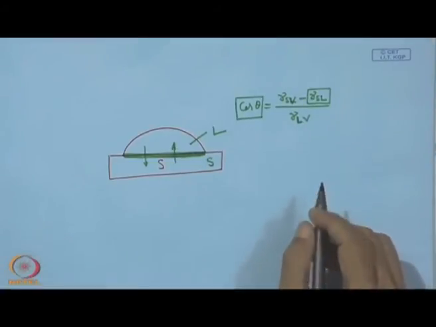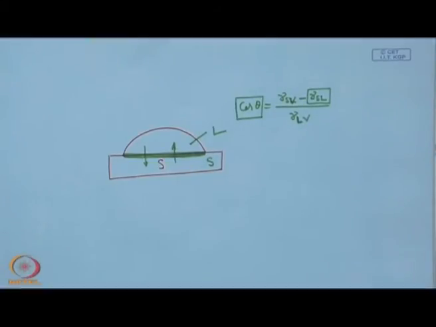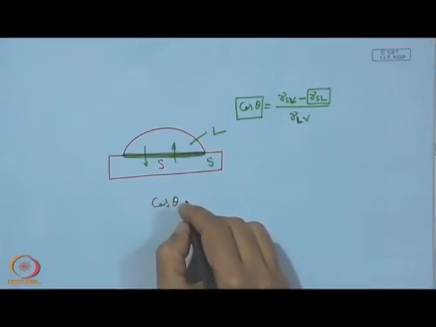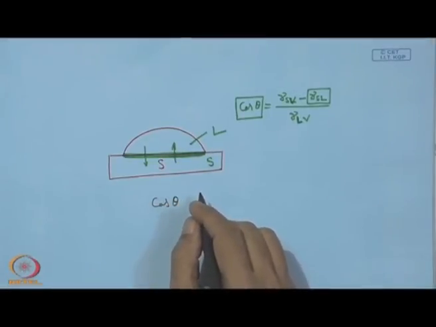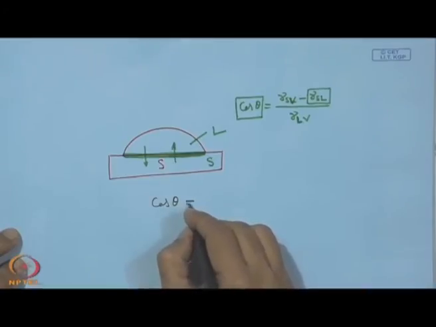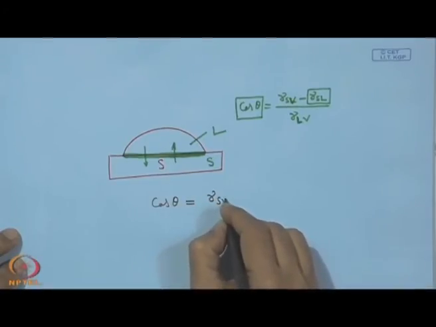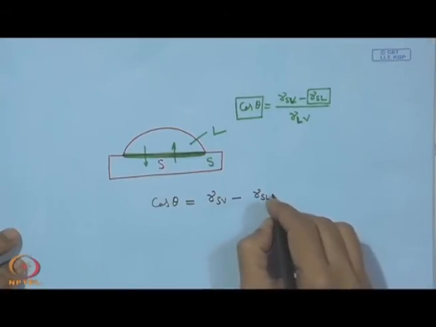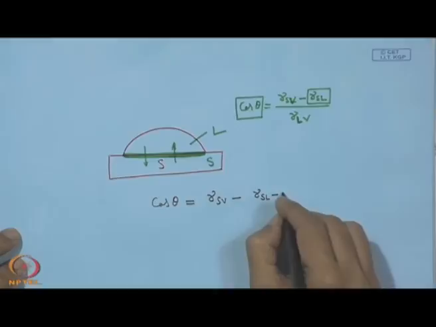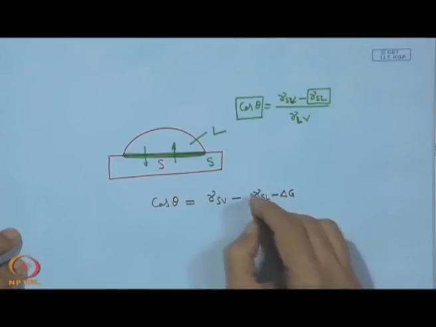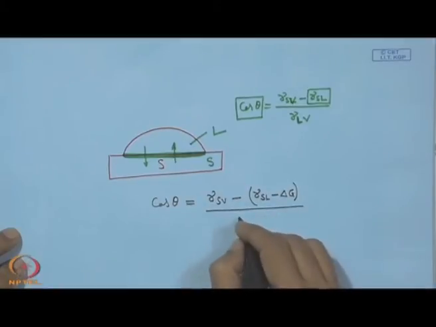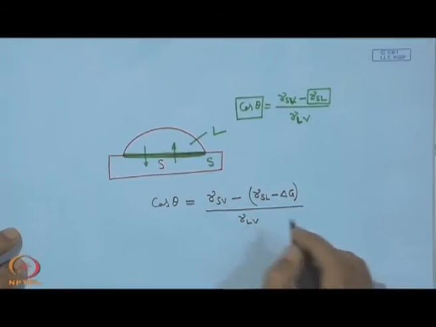This can be rewritten a little modified, because of this chemically augmented wetting, as gamma SV minus gamma SL minus delta G, and that will go inside this parenthesis, and gamma LV.